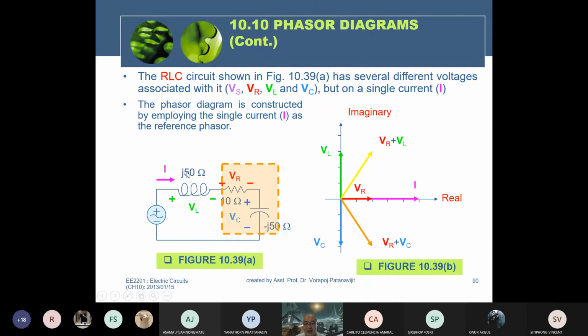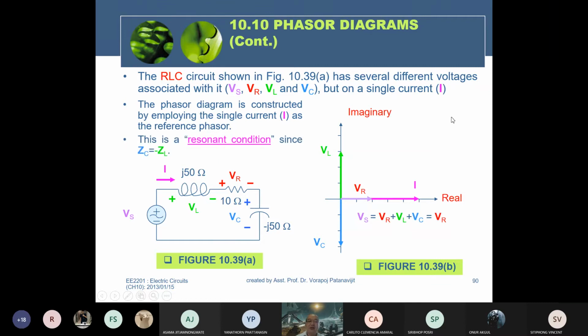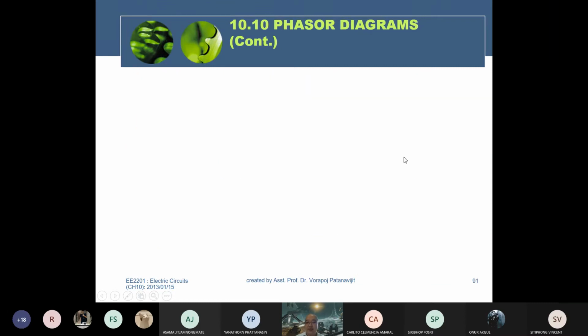If you sum them, the total equivalent impedance equals 10, because the effect of L and the effect of C cancel each other. Therefore VS in this case, the sum of all, is still equal to VR. This is one example.